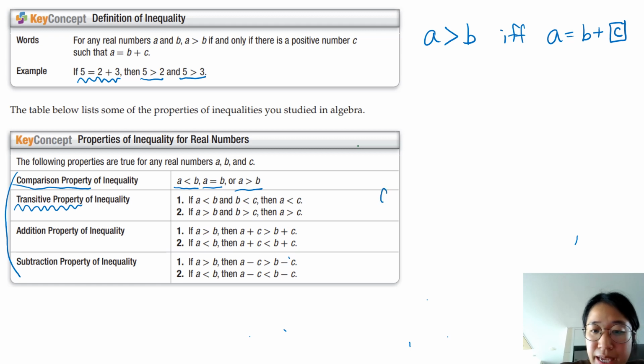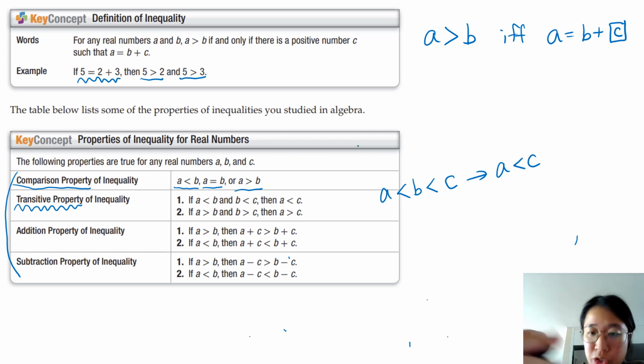If A is less than B, and B is less than C, then A is less than C. The other way also works. A is greater than B, and B is greater than C, then A is greater than C.